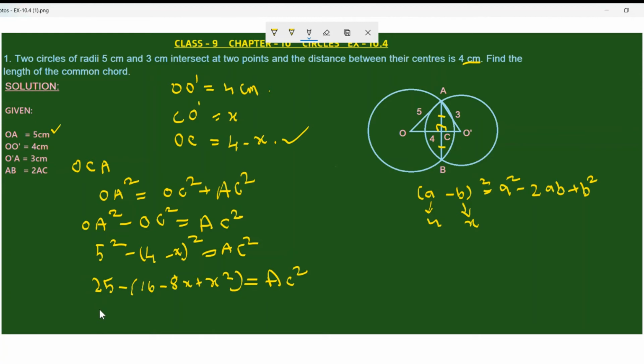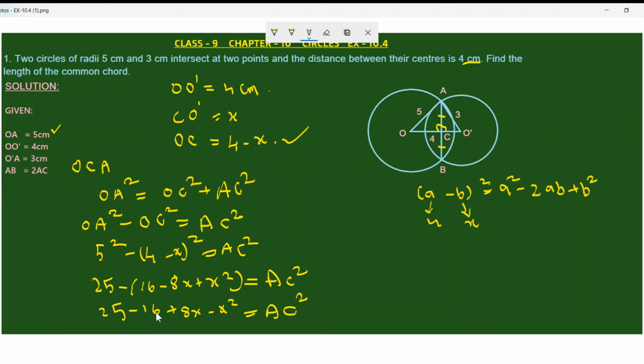If we give minus to all the terms of this expression, we will get minus 16 plus 8x minus x square, which is equivalent to AC square. So if you subtract these two, what you will get?